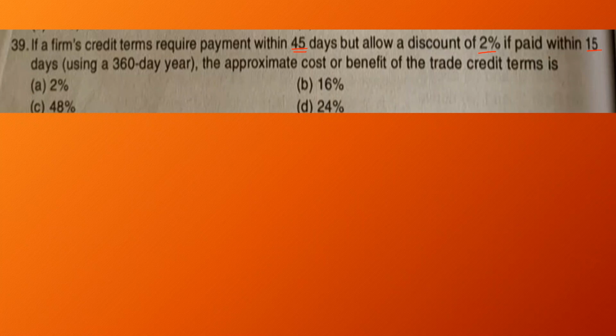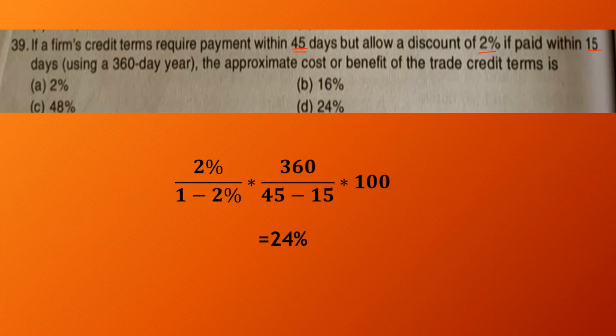So same, it's a similar question. Normal due date is 45, discount is 2%, and 15 is the discount due date. So the answer will be 2% upon 1 minus 2% into 360 upon 45 minus 15 into 100 is equal to 25%. The option is D.